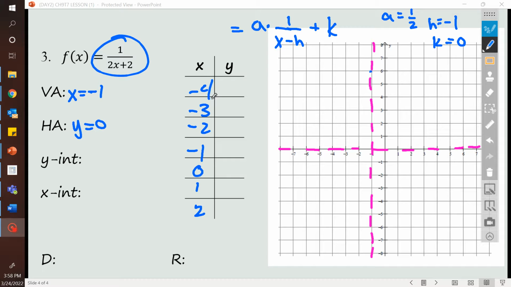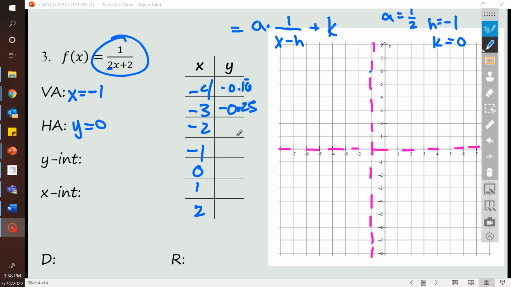I can plug each of these into this equation right here. So plugging in -4 is 1 over -6, which is -1/6, so -0.16 repeating. Plug in -3, that's 1 over -4, so that's -0.25.